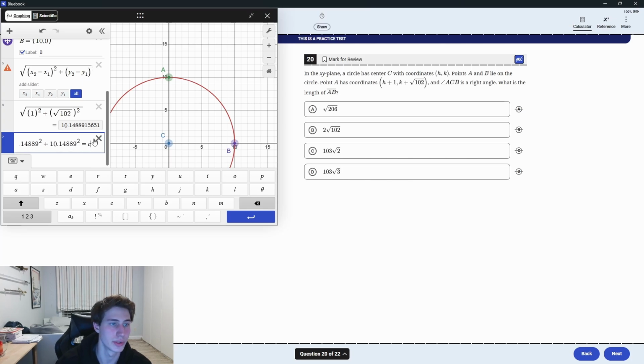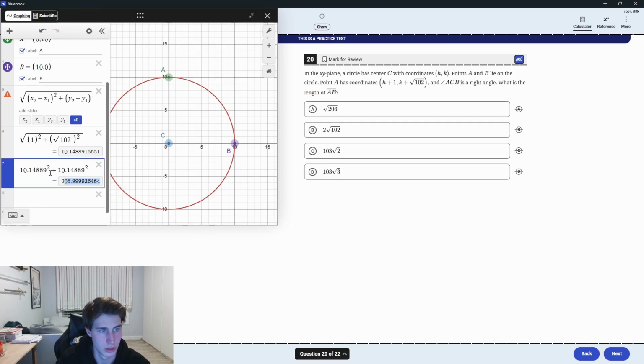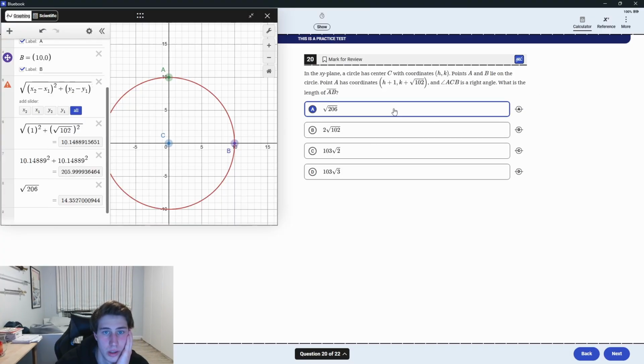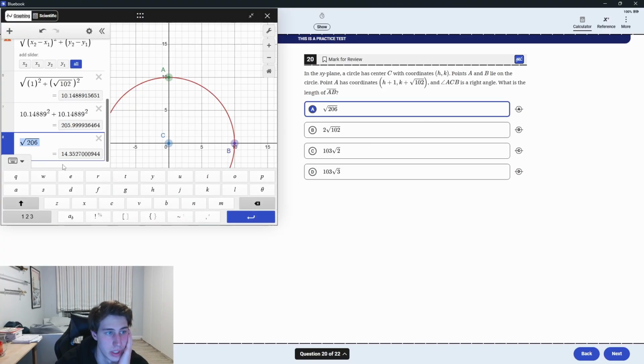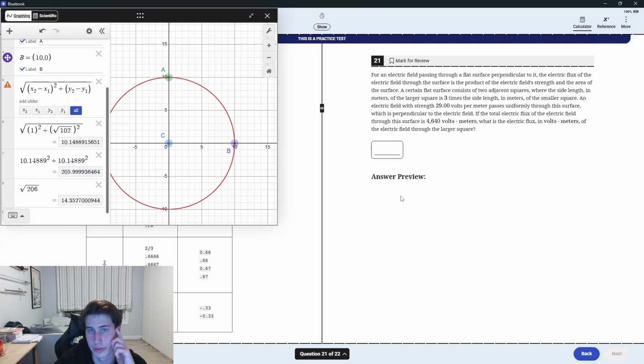Squared equals C squared. Actually, we'll take this number, and then we'll find the square root of this. So in this case, it's square root of 509.99. So we can just round that to 206. And in this case, look at that. What's the length of AB? Root 206, which is the answer that we got right here. So that's the correct answer.